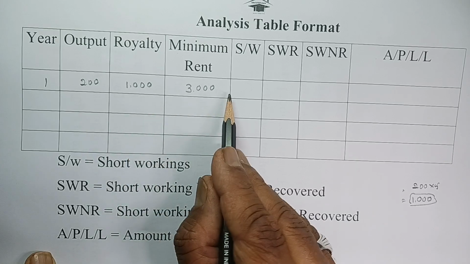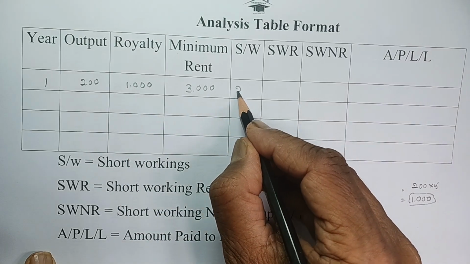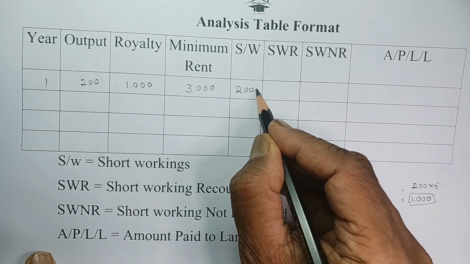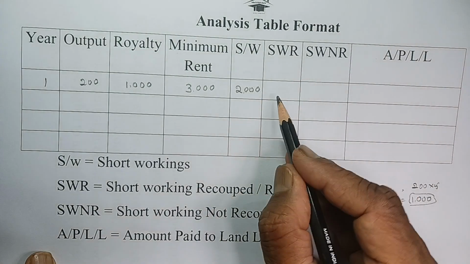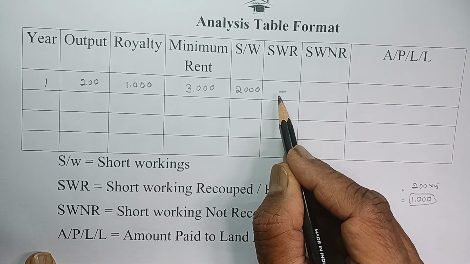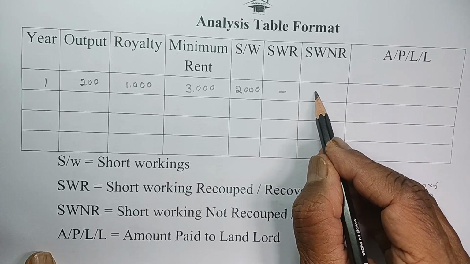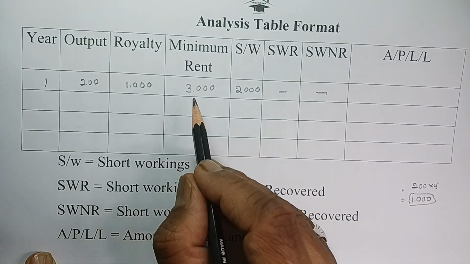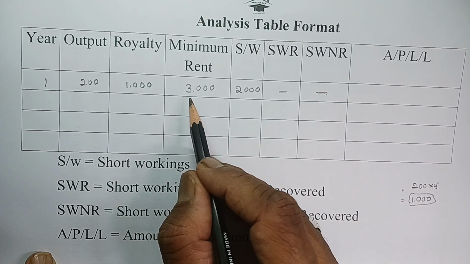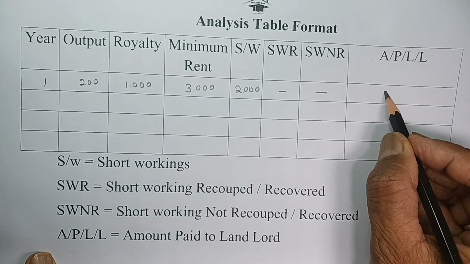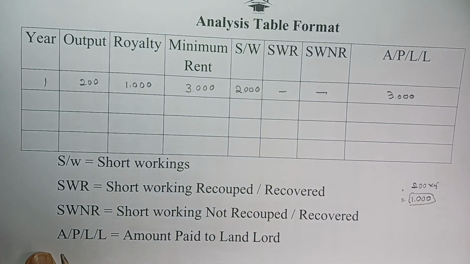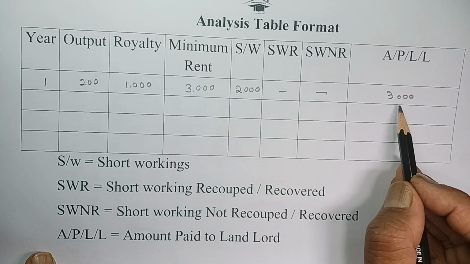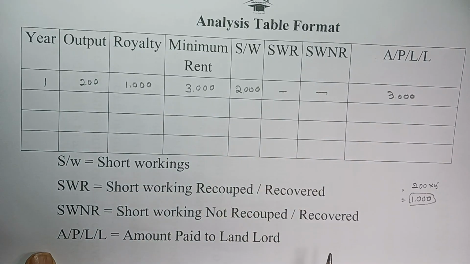That means he has to pay from his pocket 2000. That is called short working. No short working recouped in that year, no short working not recouped in that year. So amount payable to the landlord is 3000. Unless you prepare like this, you cannot pass any journal entry.